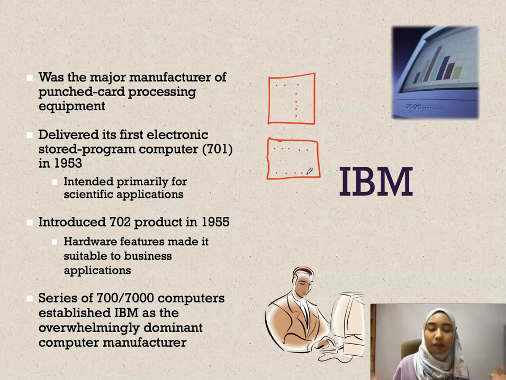It was already a big company. So compared to a startup, of course, a big company would have the upper hand, right? Because they have a lot more money to invest into what they want to do. So the 700 to 7000 series of computers established IBM as the overwhelmingly dominant computer manufacturer.